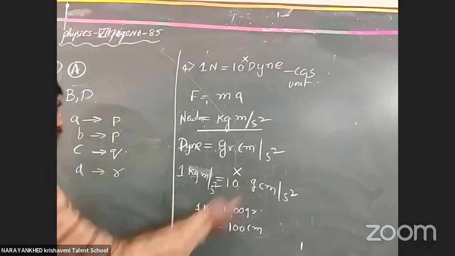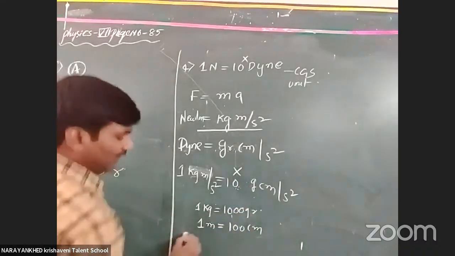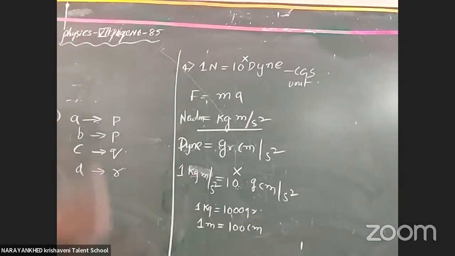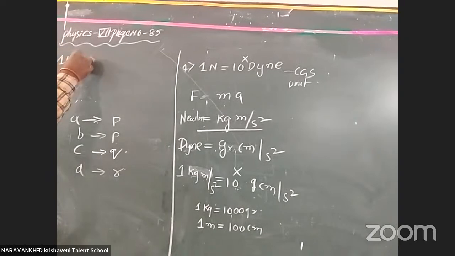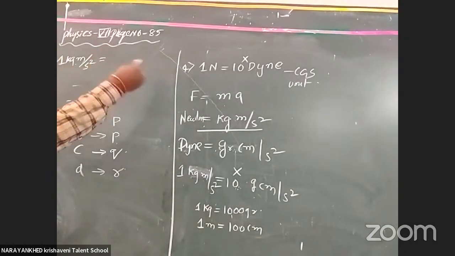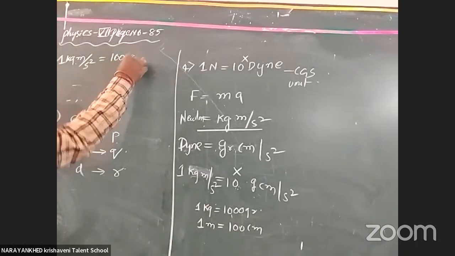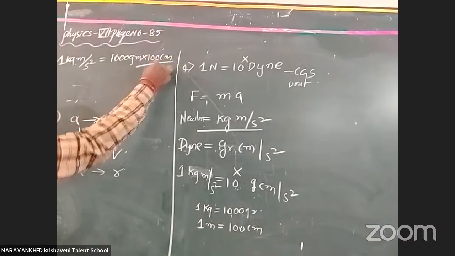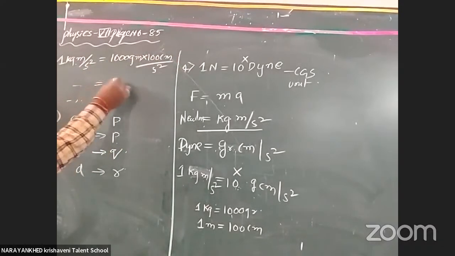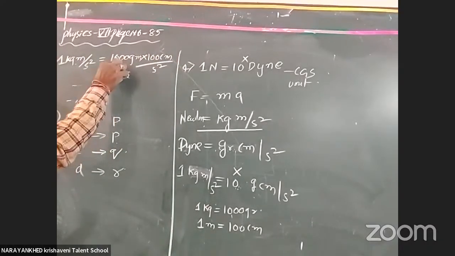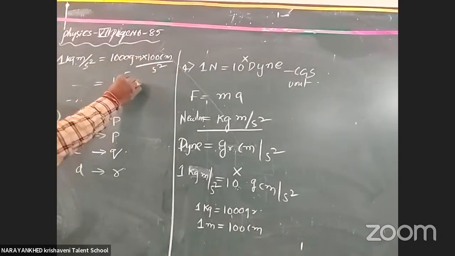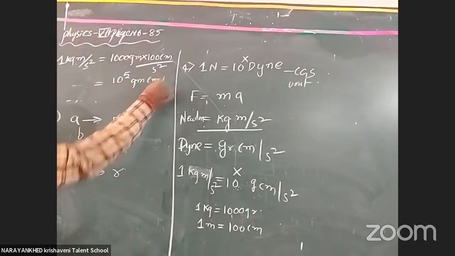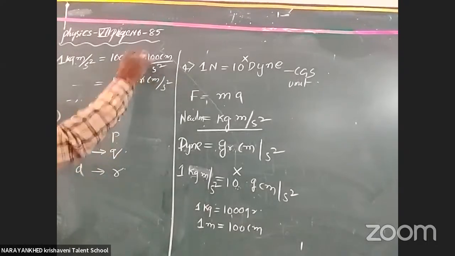You have to substitute here. So 1 kg meter per second square is equal to 1000 grams into 100 centimeter per second square. Second has no change. That's why we write 10 to the power of 5: 1, 2, 3, 4, 5, into gram centimeter per second square. Clear or not?